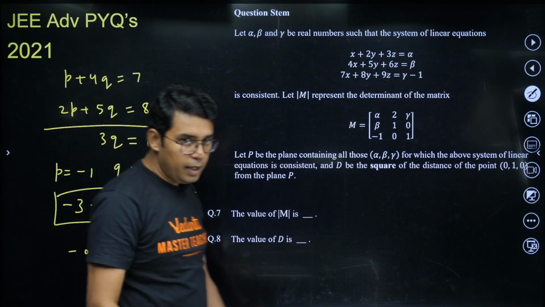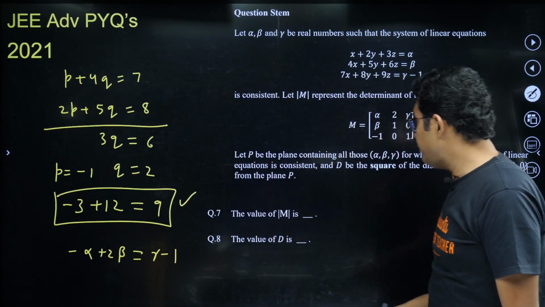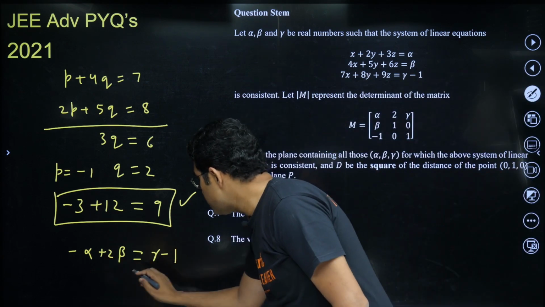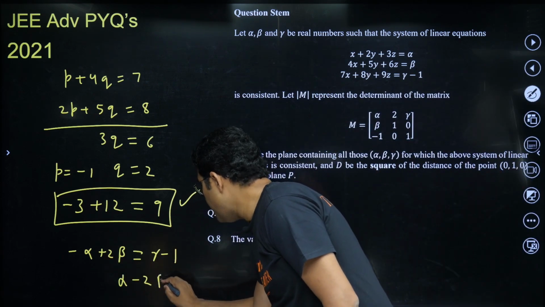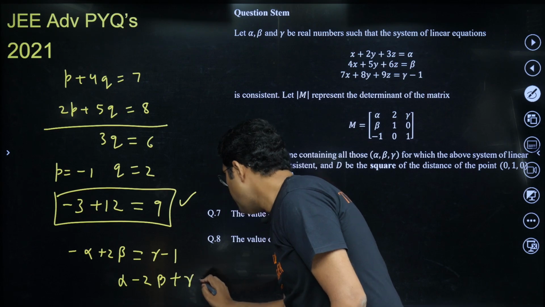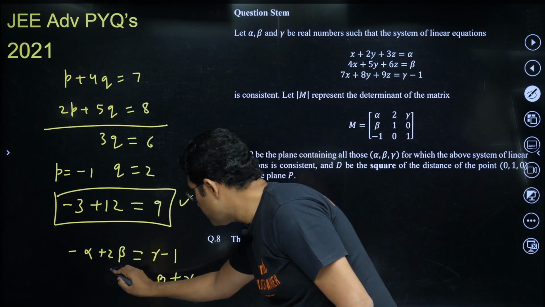So the relation between alpha, beta, gamma, if I take this on the other side, is alpha minus 2 beta plus gamma minus 1 is equal to 0.